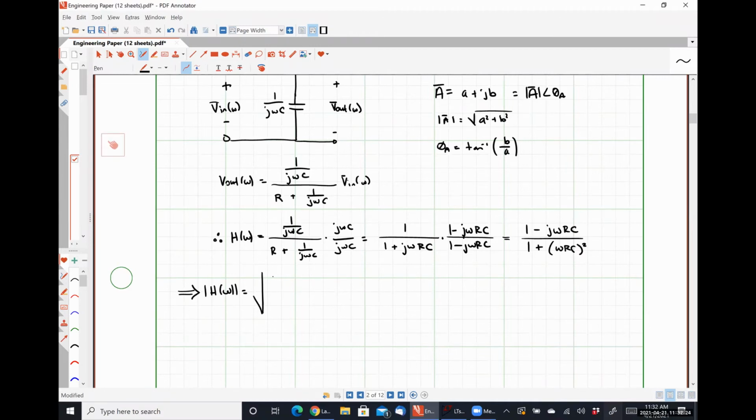So that's going to be 1 over 1 plus omega RC quantity squared, this quantity squared, plus the imaginary part, which is negative omega RC over 1 plus omega RC quantity squared, this whole thing squared, like so.